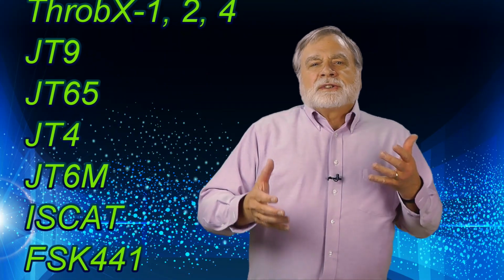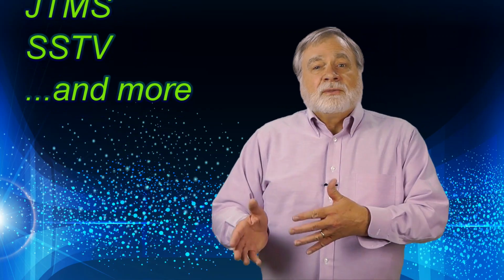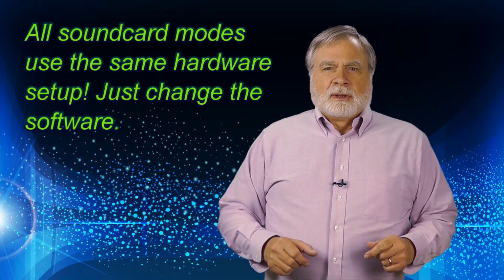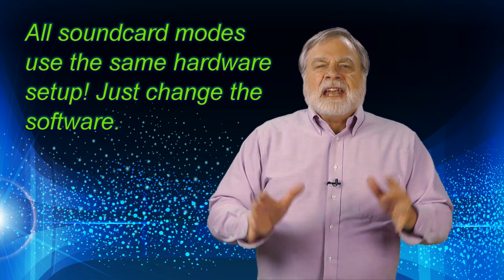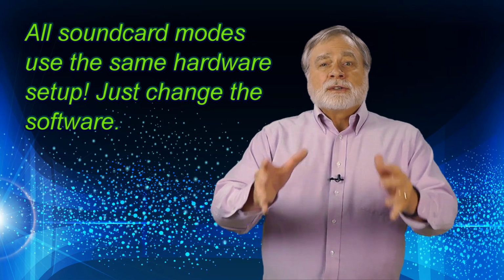Oh, and since there's nothing to limit a sound card to just purely digital, you can use it for slow scan TV as well as Hellschreiber. Truly amazing. But, and this is important, once you are set up for any sound card mode, you're set up for all of them. The truly popular ones these days are PSK31 and JT65.